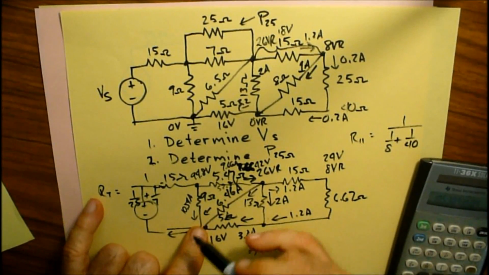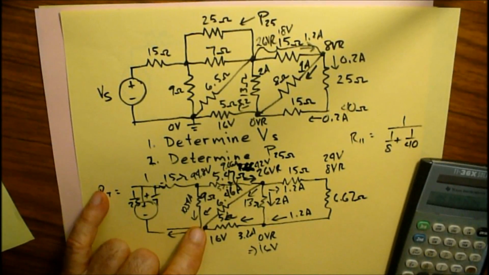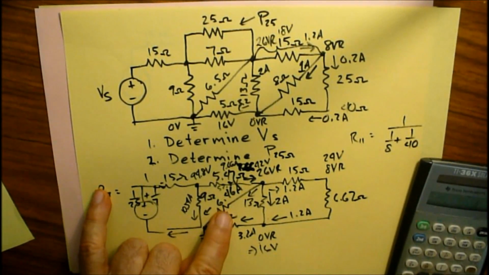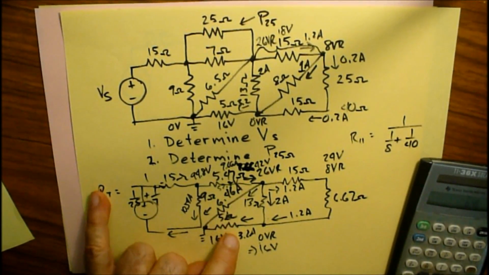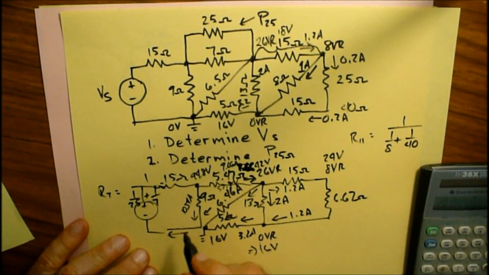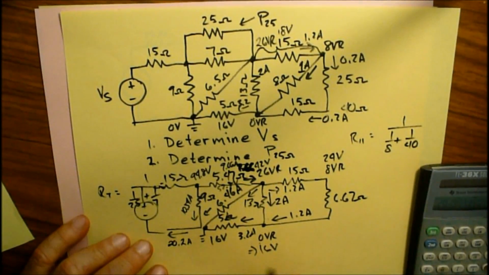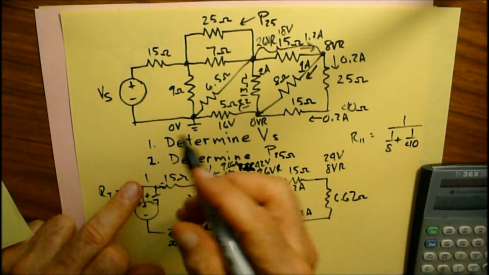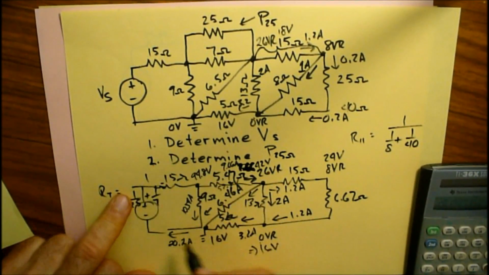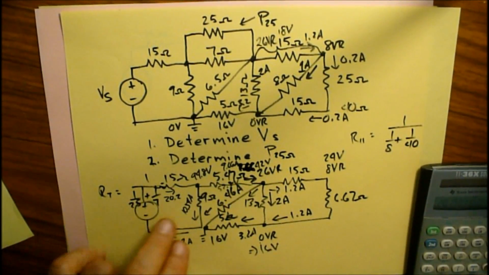Okay, so I have 10.54 going here, plus 6.46 plus 3.2 equals. That means the total current coming out of this is going to be basically 20.2 amperes. So that means I've got 20.2 amps going this way.